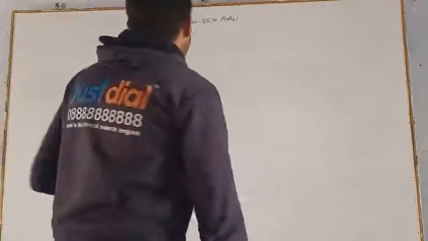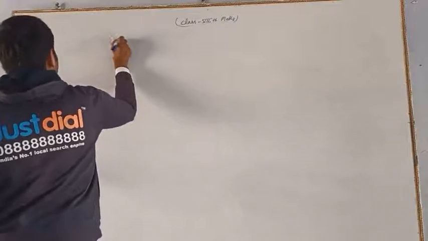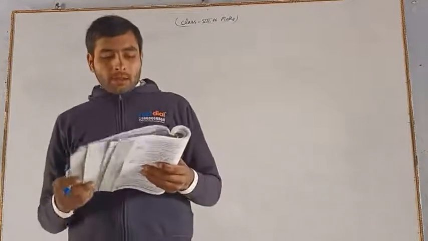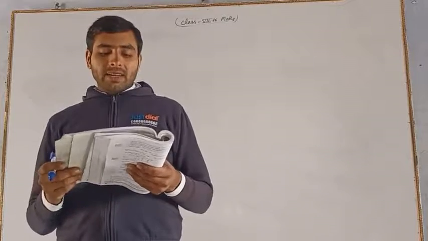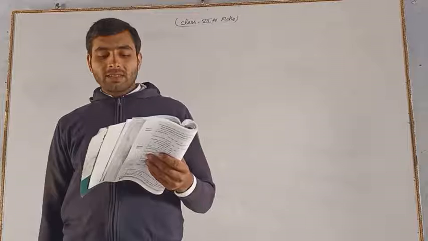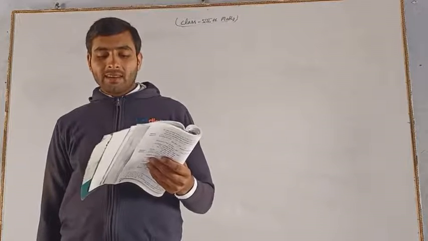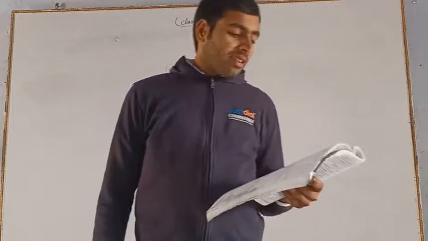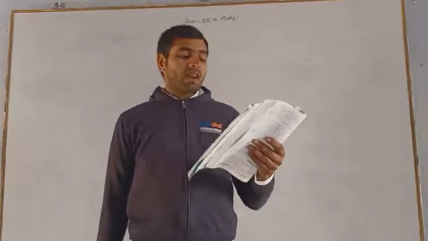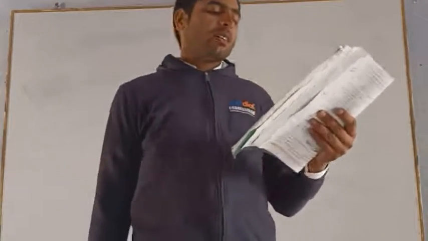Now problem number 5. It is given that an equilateral triangle ABC of side 7 cm is drawn. Is it possible to construct an isosceles triangle DCB on the other side of BC if the equal sides DC and DB are of length 3.5 cm each? Give reasons.